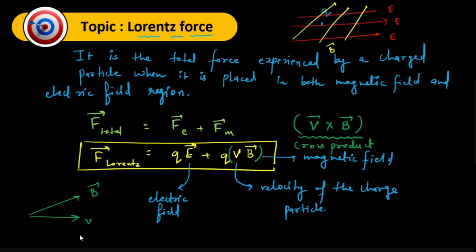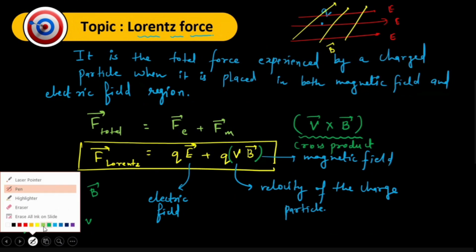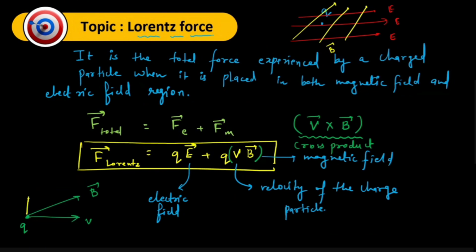Here, suppose a charged particle placed at this point is moving towards the right and the magnetic field is acting towards the north. The direction of force experienced by this charged particle is upward. How do you find its direction? Just curl the fingers of your right hand from the direction of velocity to the direction of the field, and whichever direction the thumb points gives the direction of the magnetic force. That is upward.